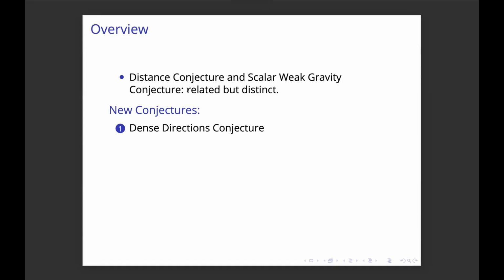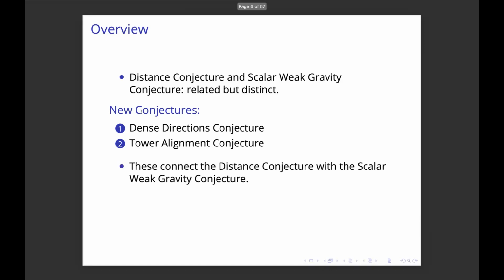The other conjecture I'll tell you about today is the tower alignment conjecture. This states that for each geodesic going off to an infinite distance limit in moduli space, there exists a tower whose scalar charge-to-mass ratio vector projected along that geodesic, everywhere along that geodesic, is greater than or equal to 1 over square root of d minus 2, where d is the number of space-time dimensions.